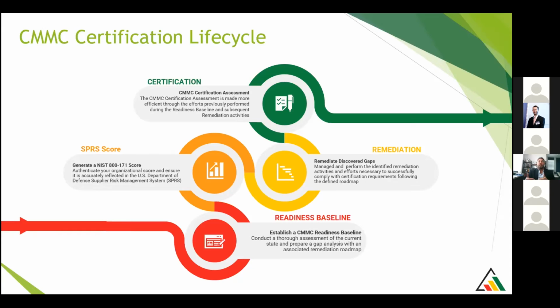Well, that policy, that's a huge portion of this scoring. If those are not in place, like an acceptable use policy, encryption policy, bring your own device policy, mobile device policy, clean desk policy, then your score is automatically well into the negatives. It's not in the positives. So we have to identify that first through that readiness baseline.